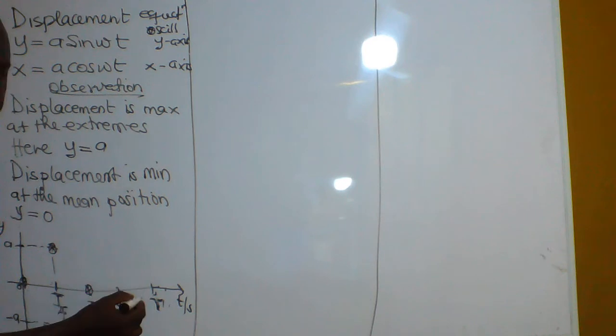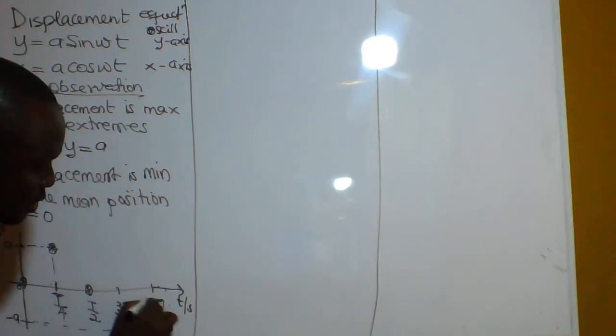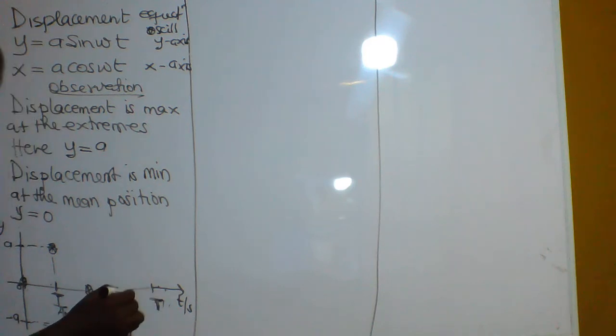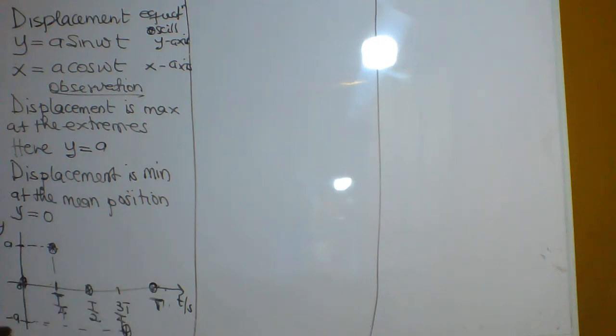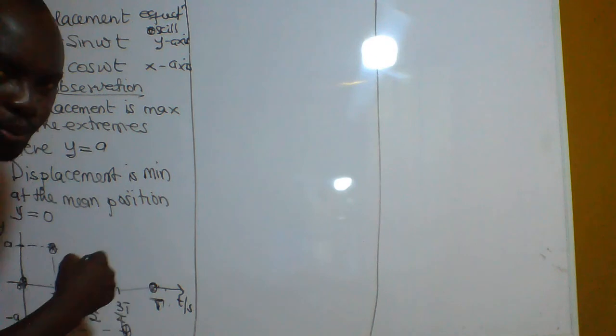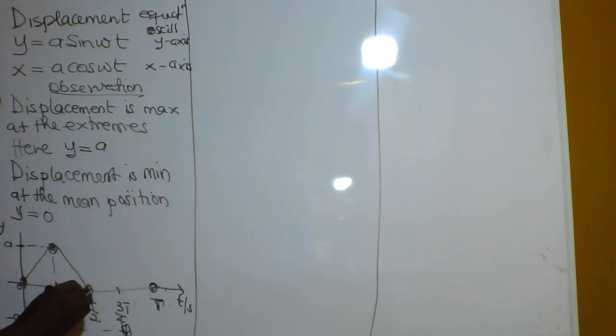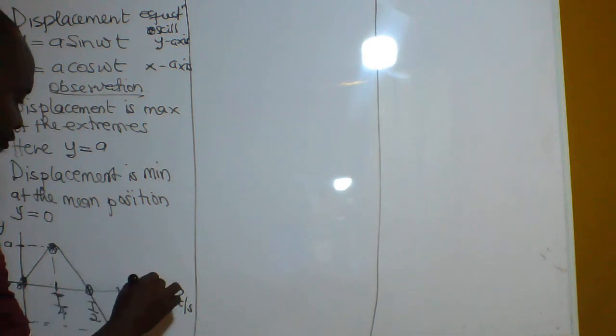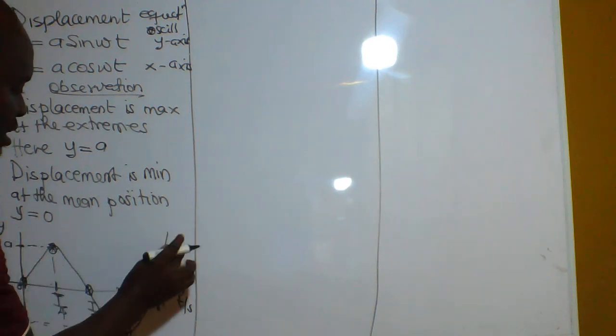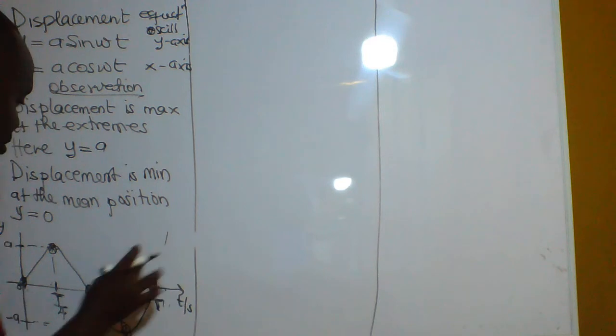And then at a time t is equal to the period, capital T, the displacement is equal to 0. When we join the points, we have this. So this is the graph of the displacement for one cycle.